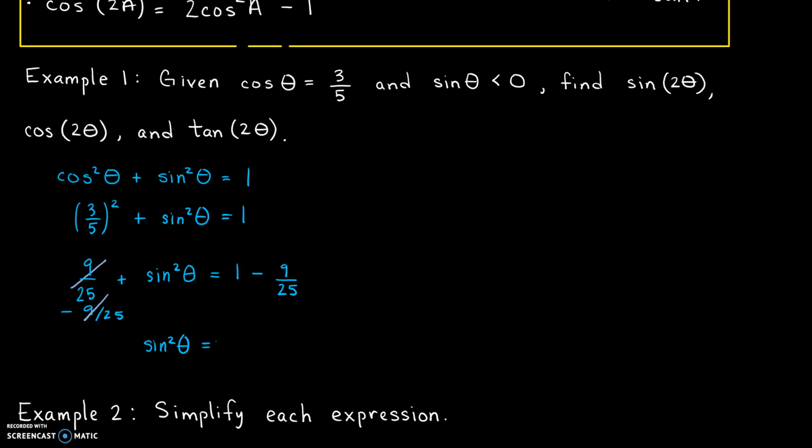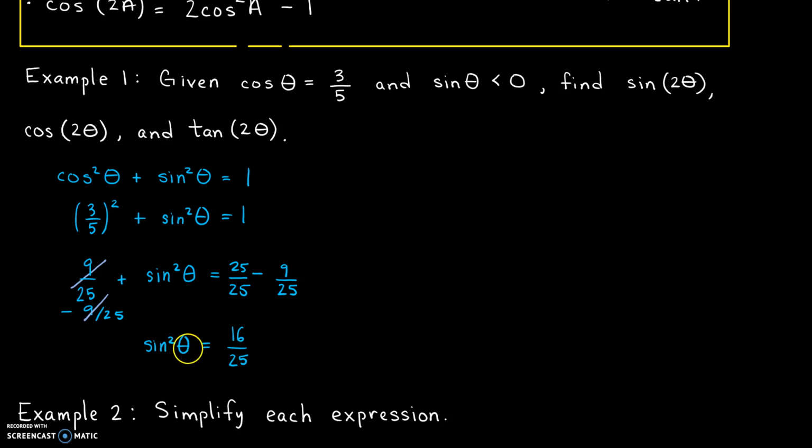Here you have to get a common denominator, and our common denominator would be 25. So that 1 would turn into 25 over 25, which is still 1. 25 minus 9 is 16 over 25.